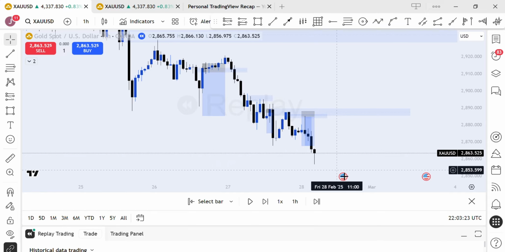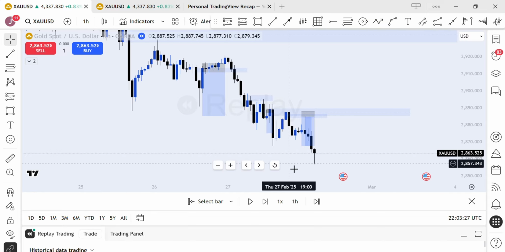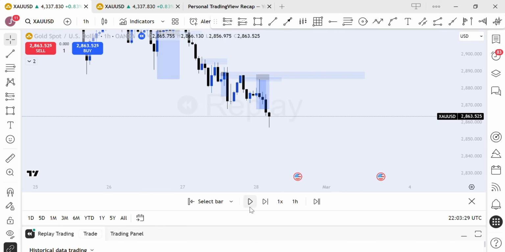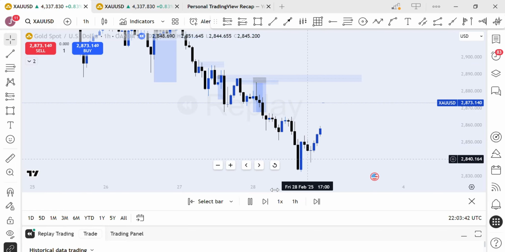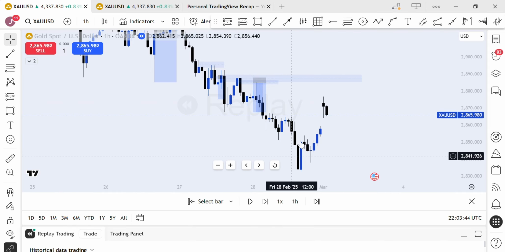So this is Friday, and I think this is the last day of February, so the market ends on Friday. When we play price forward, this is the end of the month of February. This is where market closed.